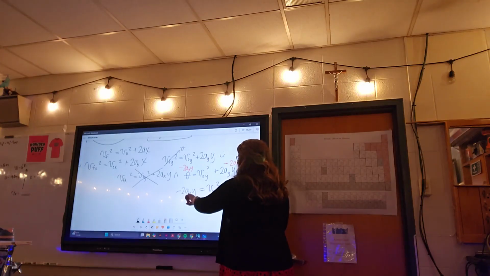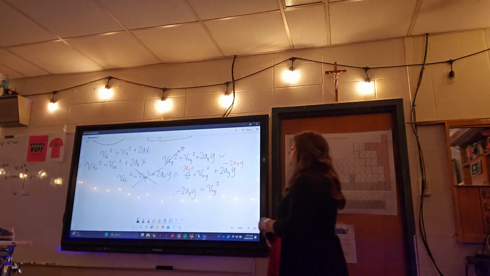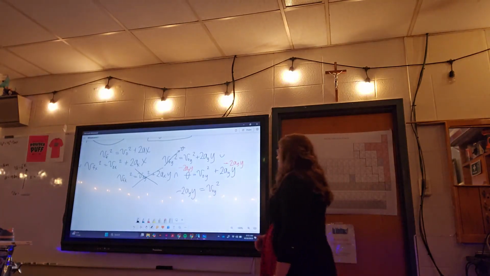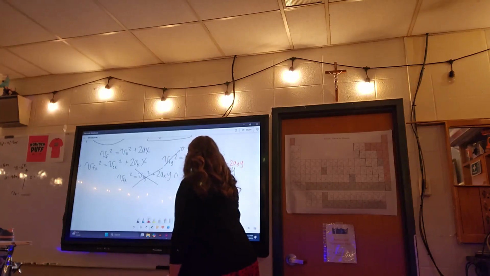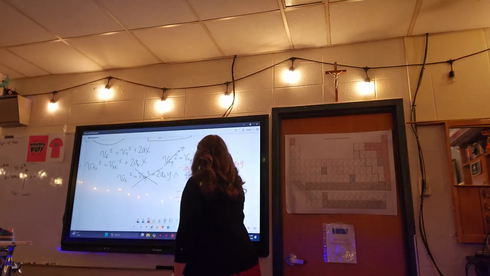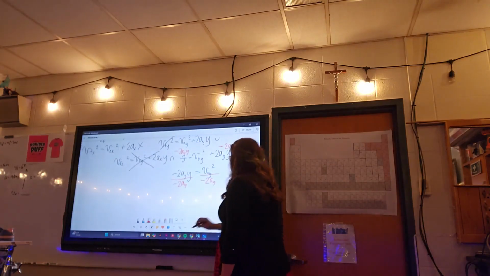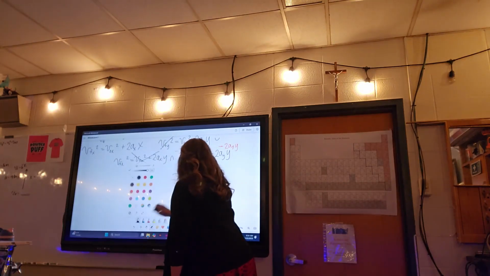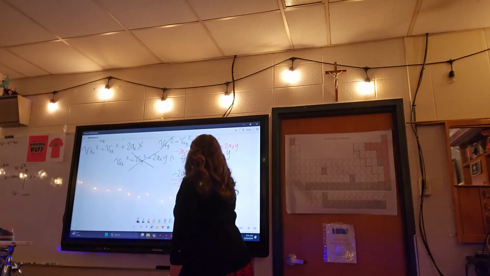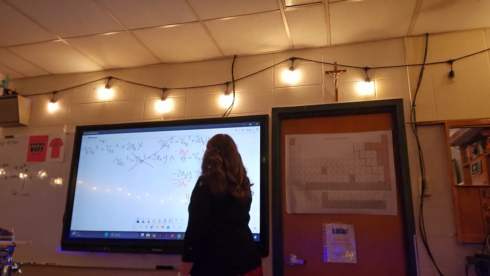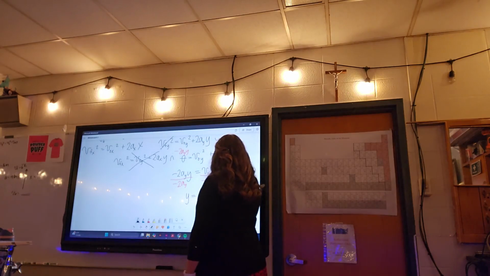Because that little y tells me that I have acceleration in the vertical direction. I'm solving for y, so now I'm going to divide negative 2a little y on both sides. And so my formula should look like this.